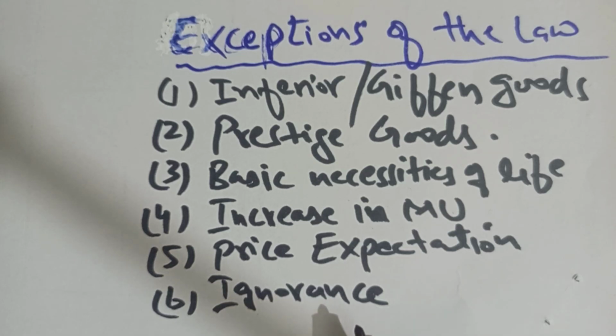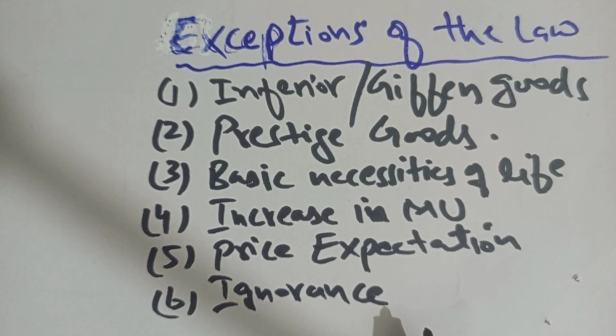And number 6, the last point of exceptions of the law of demand, is ignorance. Ignorance means ignorance of the consumer. If the consumer is ignorant about the rise in the price of a good, he may buy more at higher prices or less at low prices.